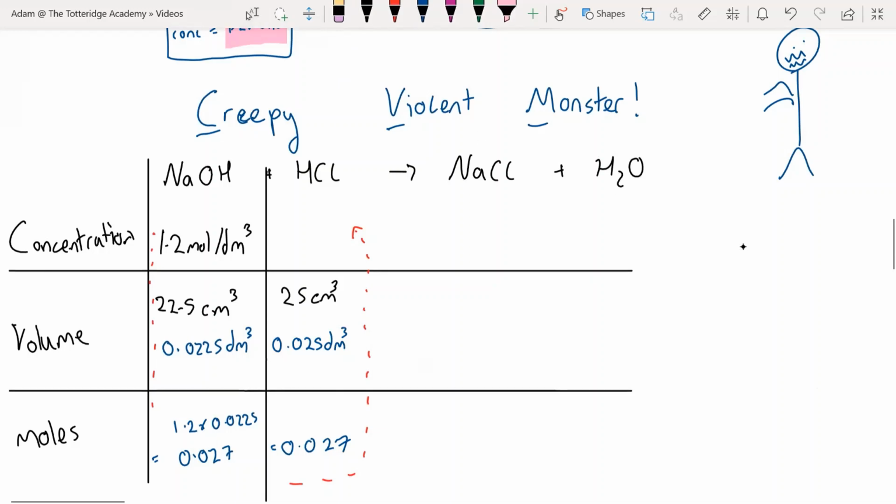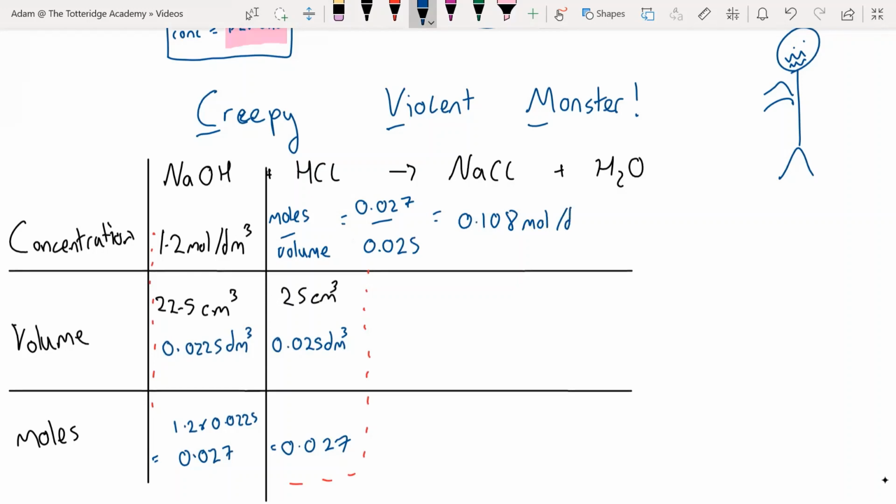So first I'm going to rub out the question mark, and then I'm just going to do concentration equals moles over volume, which in this particular case is 0.027 divided by 0.025. Calculator, and I get 0.108 moles per dm cubed.